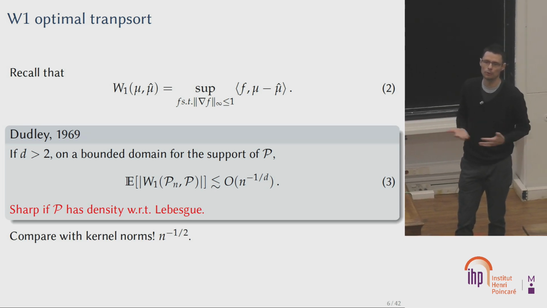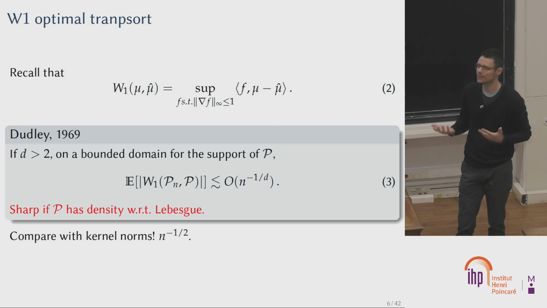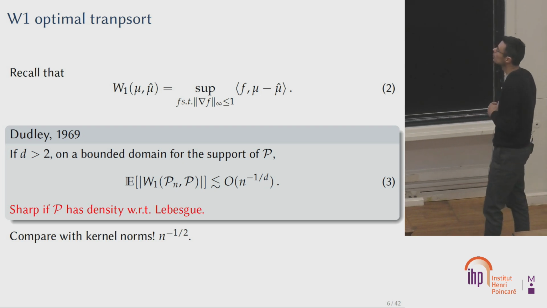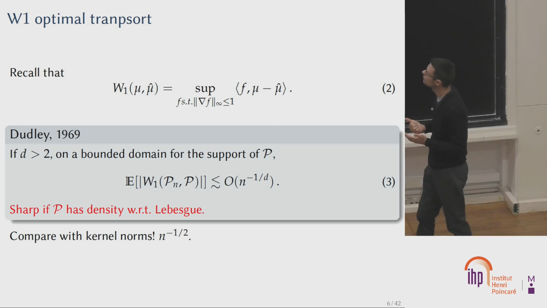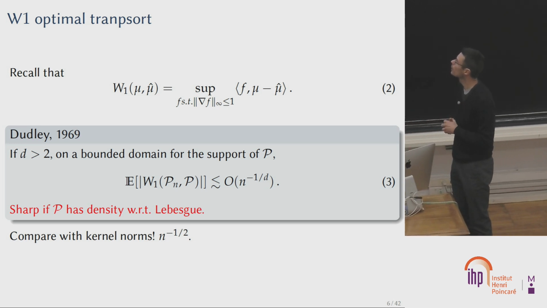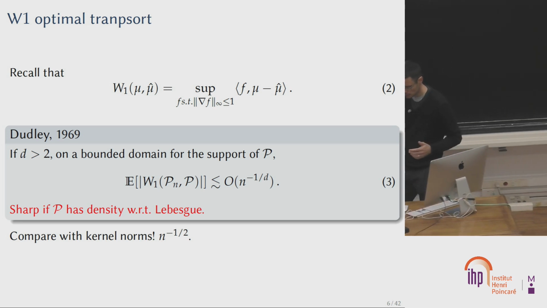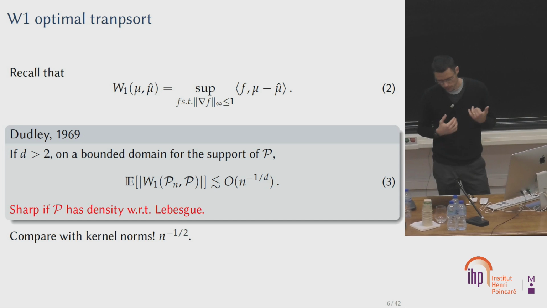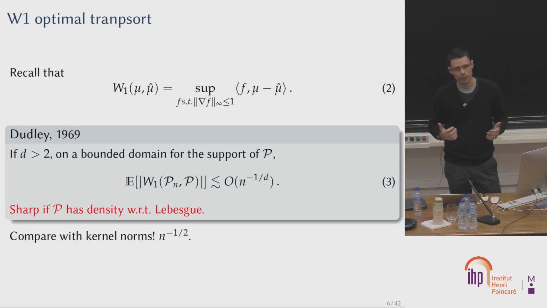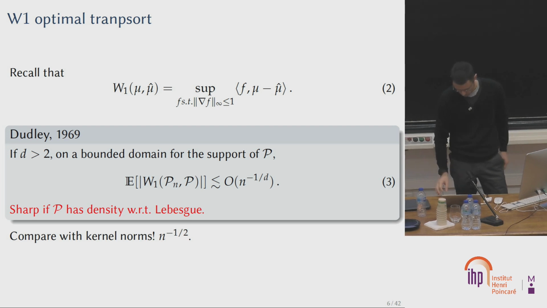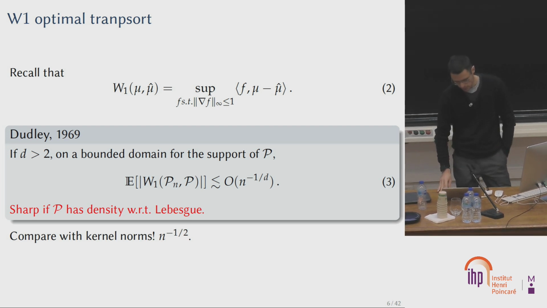There are many more functions, in a sense. This is called the W1 distance, the Wasserstein 1 distance, and it's well known that the estimation is cursed by the dimension. What I mean by that is that the rate goes like 1 over n to the power 1 over d. Okay? And so there is nothing to do.